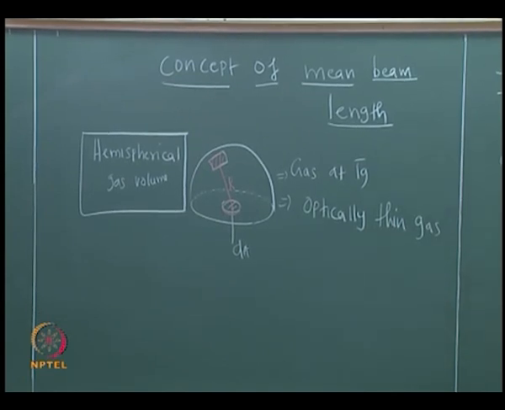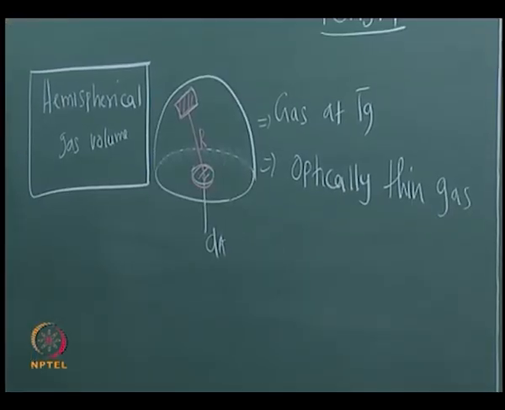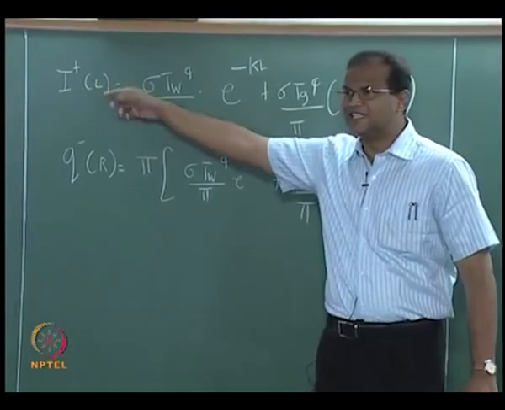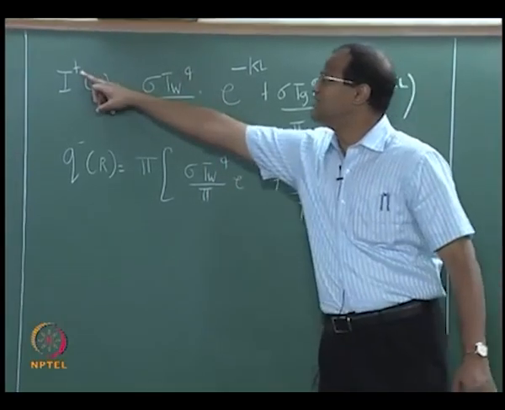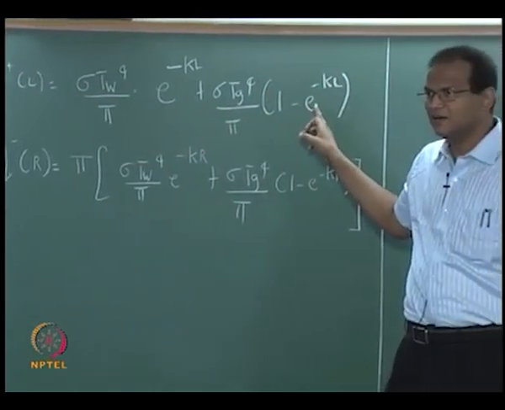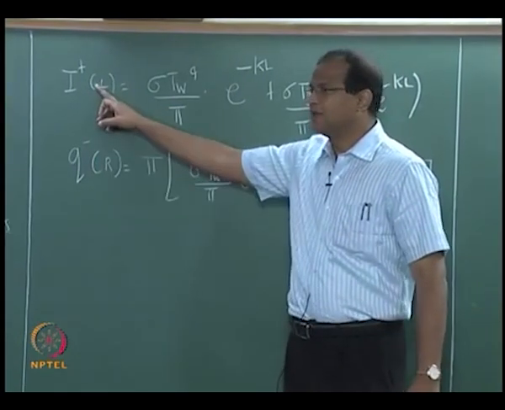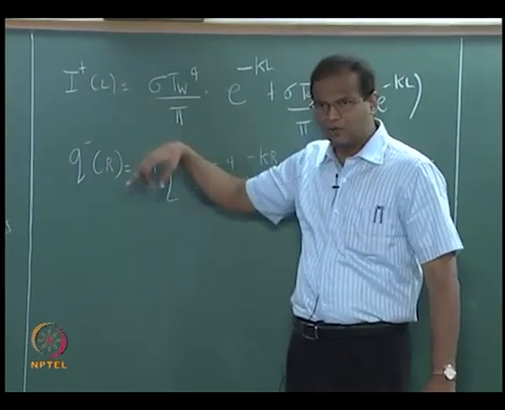Now in yesterday's class we derived that for the optically thin gas, for radiation from a surface arriving at a length L, the expression for the intensity I plus of L, where I plus is the positive direction of x, is given by this. Have I made any mistake? Is it fine? Now what I am saying is, instead of I plus, from I plus L we can calculate the q also.